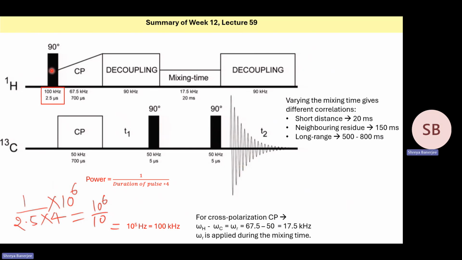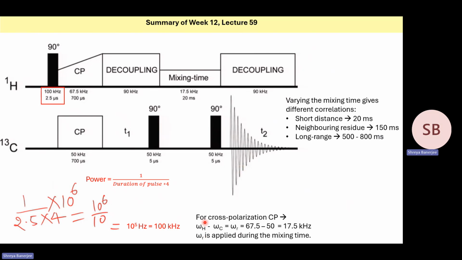Similarly, after this 90-degree pulse, the cross polarization pulse sequence is applied to transfer the polarization from hydrogen to 13C. The duration of this pulse is 700 microseconds. And we know that for cross polarization, we have to set the frequency of the rotor as omega hydrogen minus omega carbon.